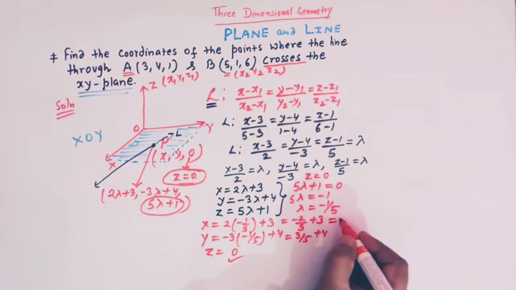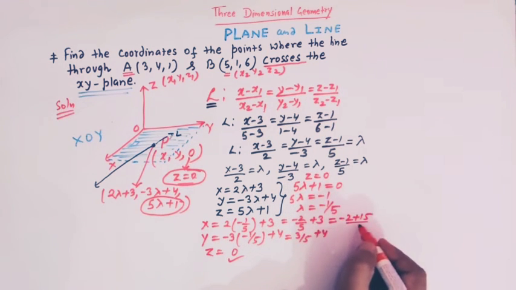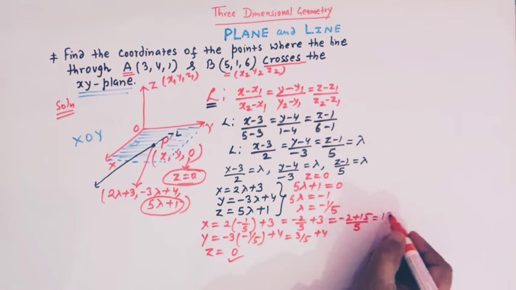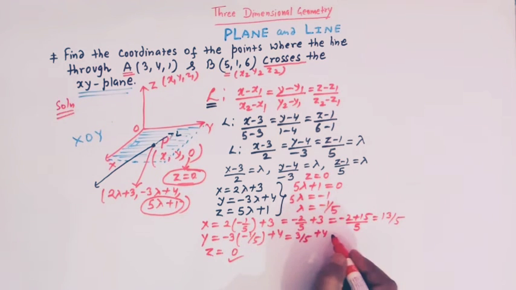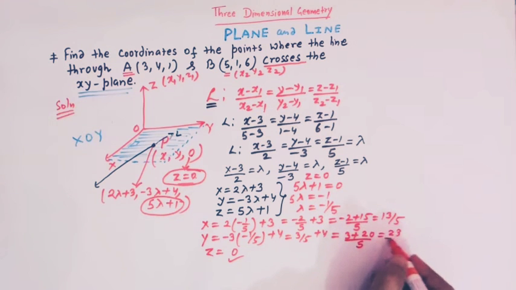So here we have minus 2 plus 15, since 5 threes are 15, over 5, so this is 13 over 5, and here 3 plus 5 fours are 20, over 5, so this is 23 over 5. So we have now obtained the values of x and y.